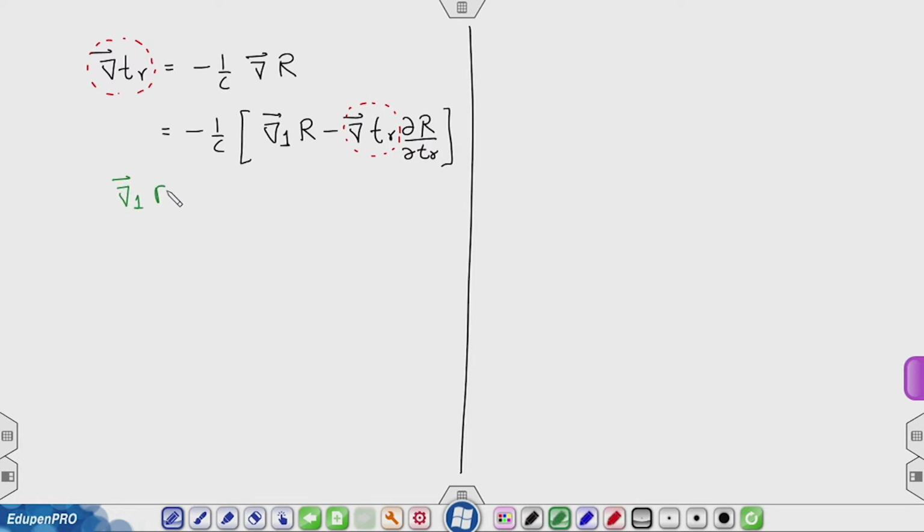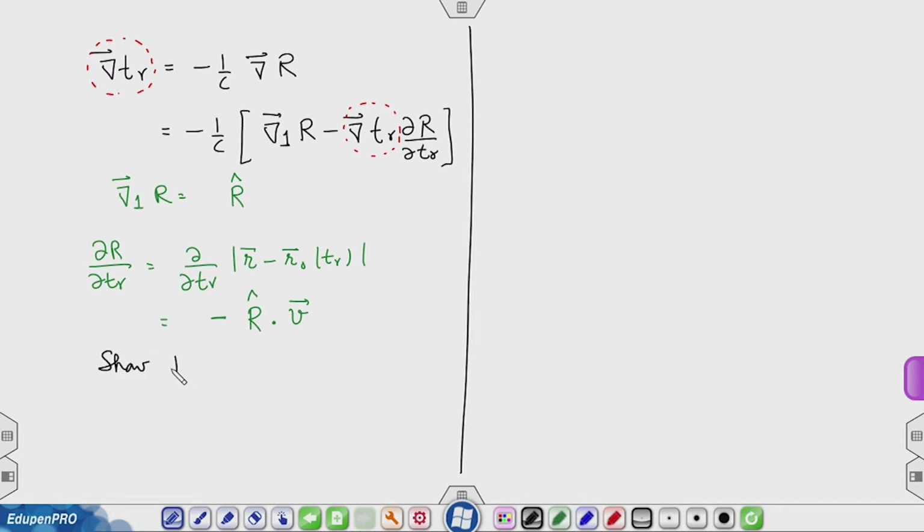Grad 1 of R is unit vector R, and dR/dTR is d by dTR of R minus R naught TR, which is going to be equal to R unit vector dot V with a minus sign. Again, show that partial R partial TR is equal to minus R unit vector dot V, again calculated at TR.